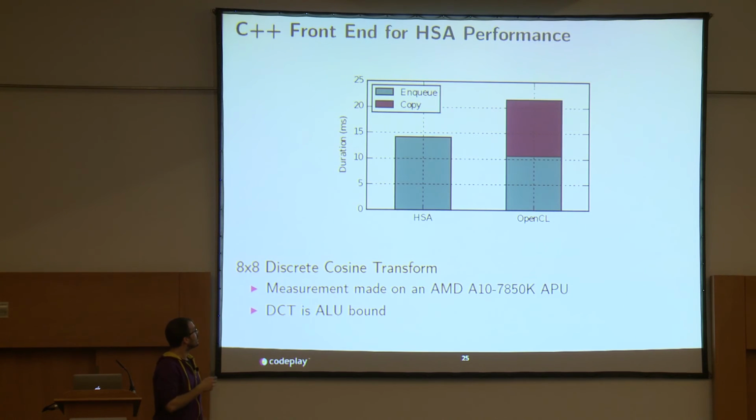That's quite nice. The performance evaluation for the HSA front end is a bit more tricky. There is a huge bias here. This is using the HSA infrastructure, and this is using the OpenCL infrastructure. OpenCL is much older than the HSA one. So here it is indeed a bit slower, but this is caused mainly by the bias.